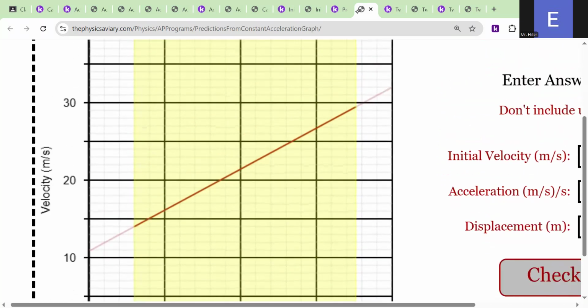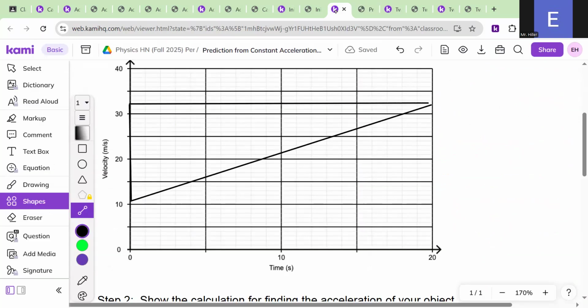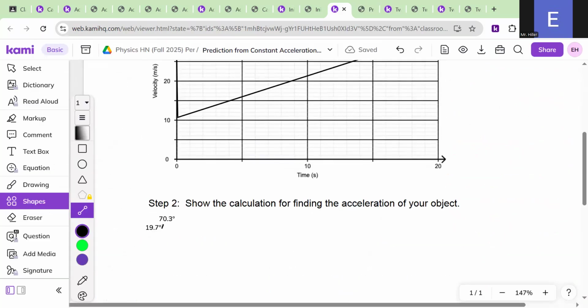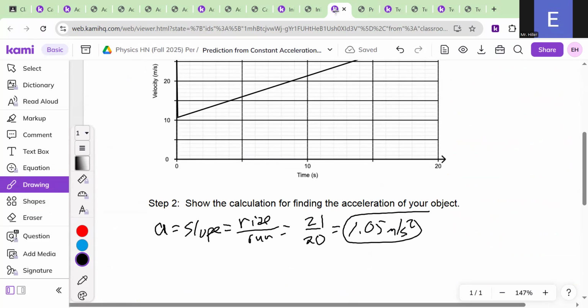It's 20 seconds. The acceleration is my slope, which is rise over run. And in my case, it was 21 over 20. Go ahead and figure yours out. I'm getting an acceleration of about 1.05.